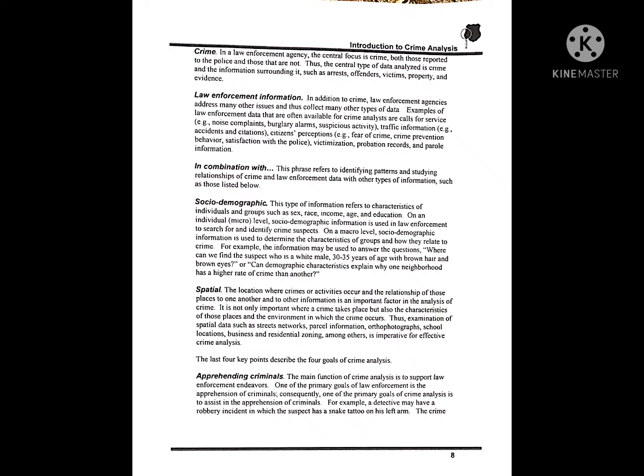Next is spatial. The location where crimes or activities occur and the relationship of those places to one another and to other information is an important factor in the analysis of crime. It is not only important where a crime takes place, but also the characteristic of those places and the environment in which the crime occurs.